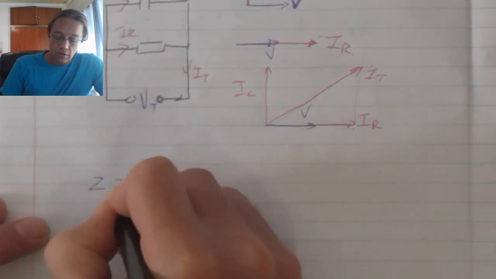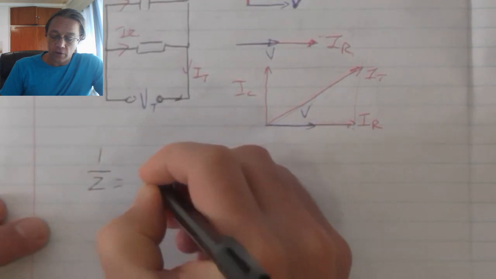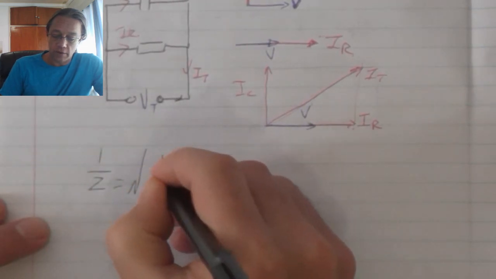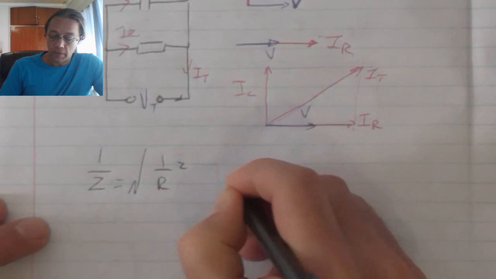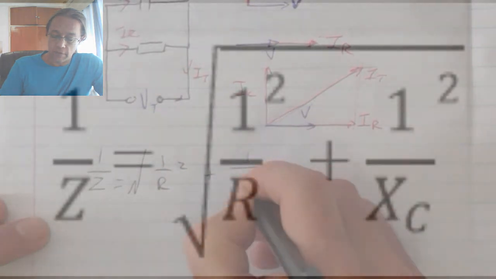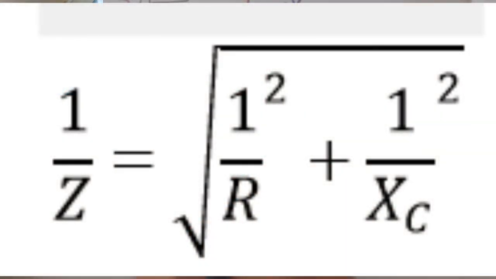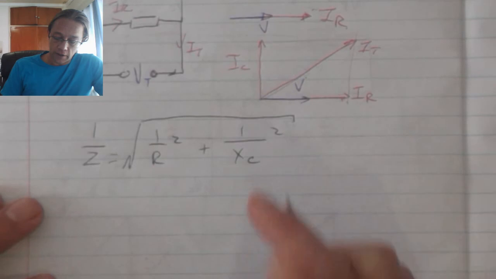When calculating the impedance, the inverse of impedance equals the square root of the inverse of the resistance squared plus the inverse of the capacitive reactance squared, which gives me my impedance.